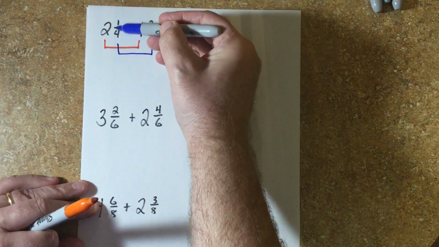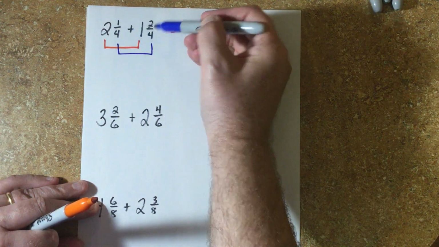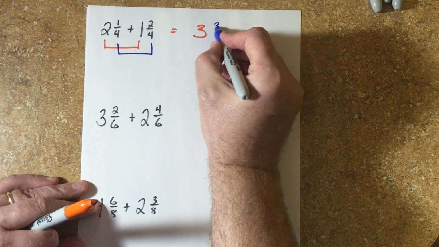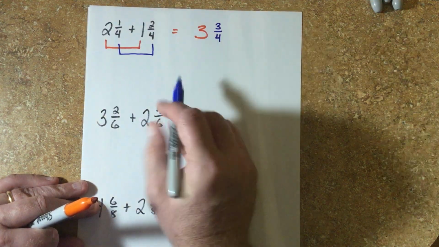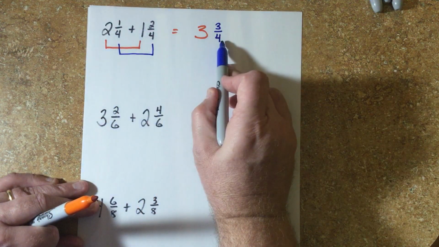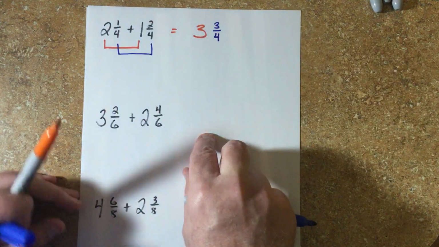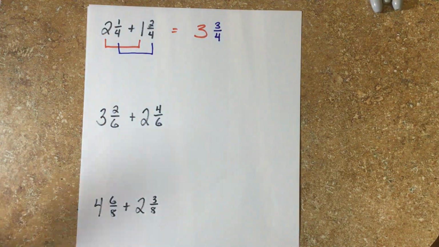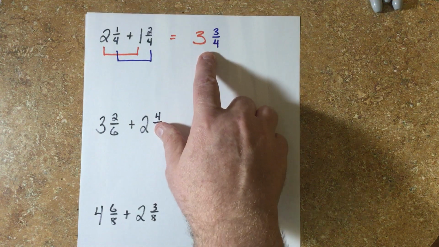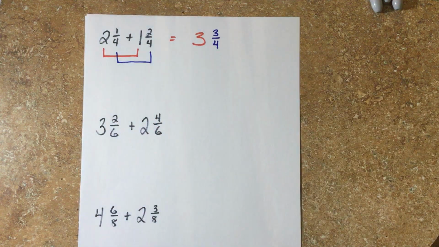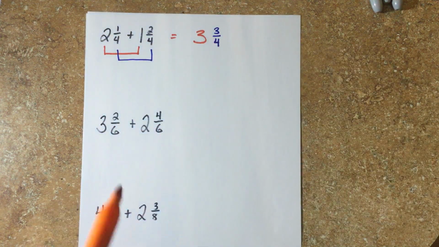And I can add 1/4 plus 2/4, and that equals 3/4 because the denominator stays the same and I only add the two numerators together. And in this situation, I do not have to change anything. It's perfectly fine to leave my answer just like this. So I am good to go.